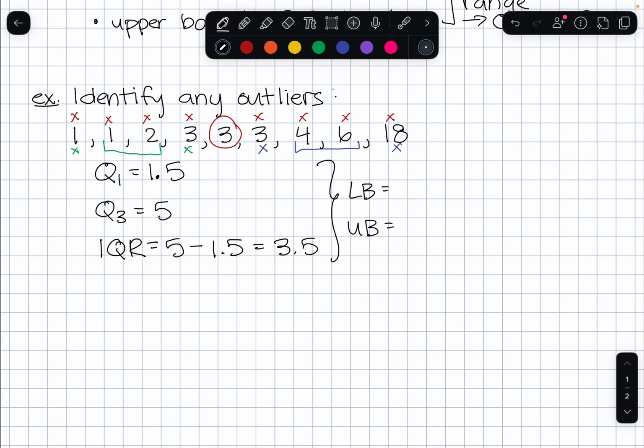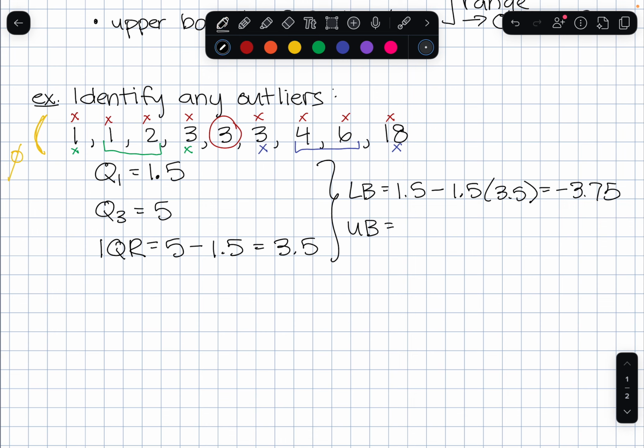So my lower bound is lower quartile minus 1.5 times my IQR. And I'm going to grab my handy dandy calculator. So 1.5 minus 1.5 times 3.5, and I get negative 3.75, which is below my minimum. So there's no outliers on the left side.